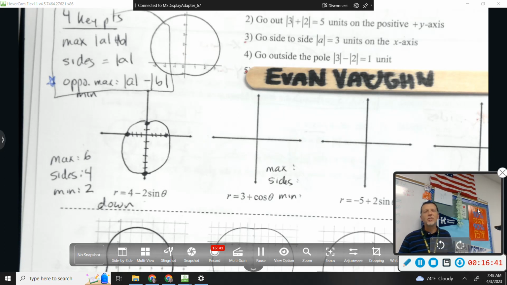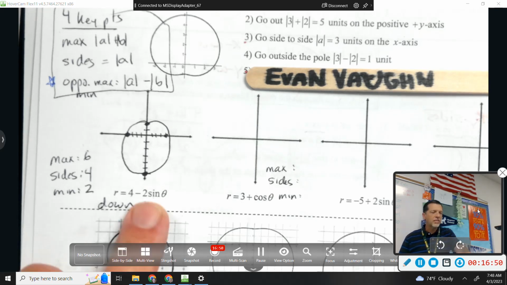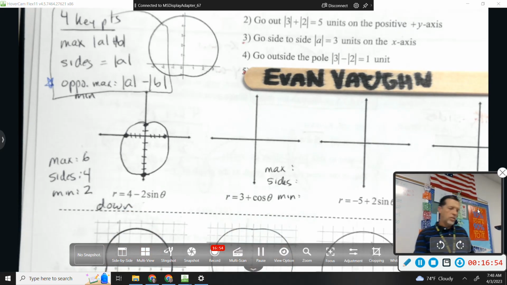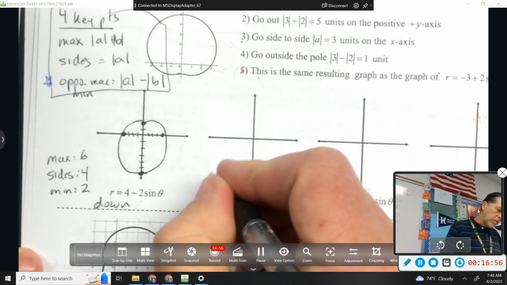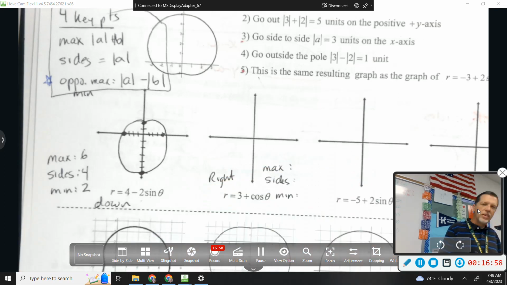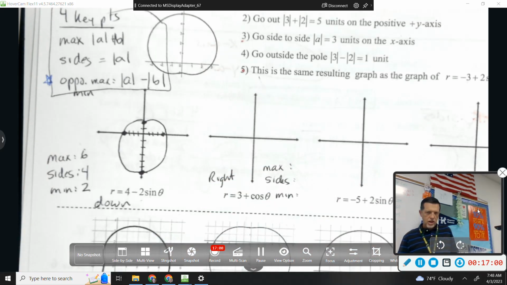How do I specify? It's based on the positive or negative of cosine. It tells me which way it's sort of pointing, like this negative sine one was down. So this will be to the right. So this would be a rightward oriented Limacon.